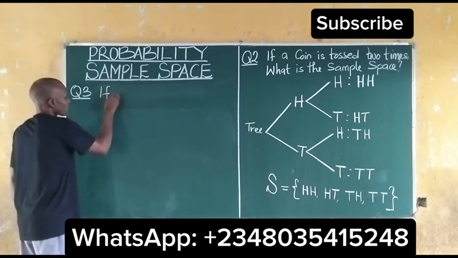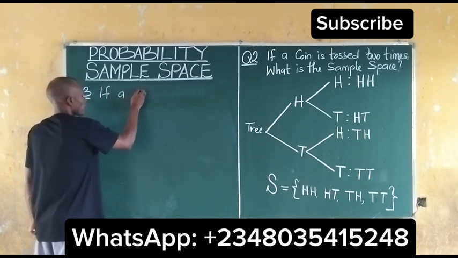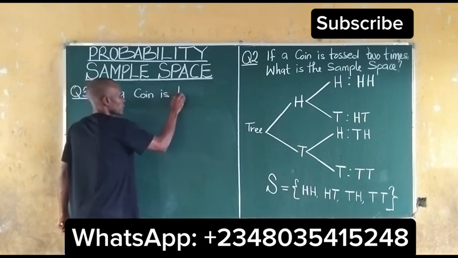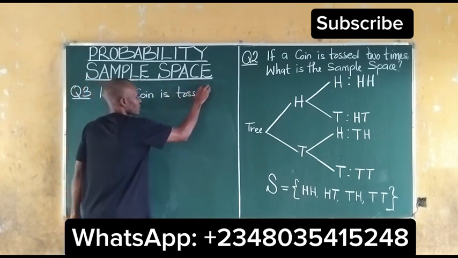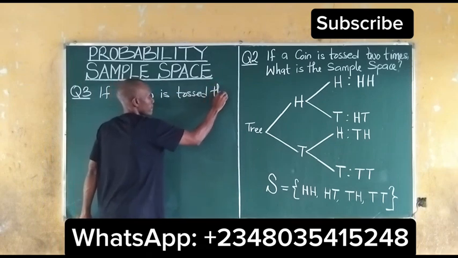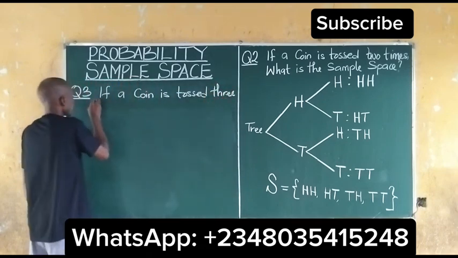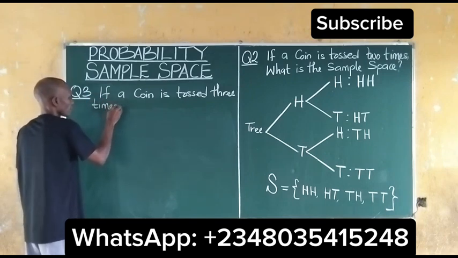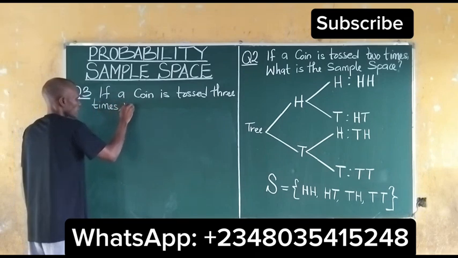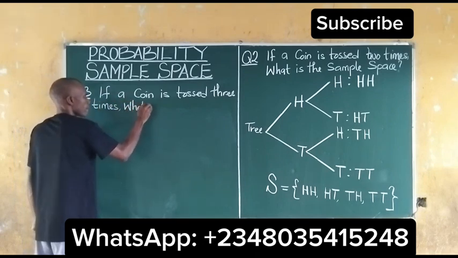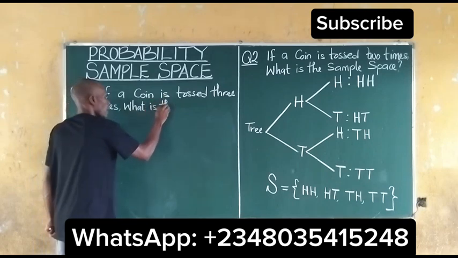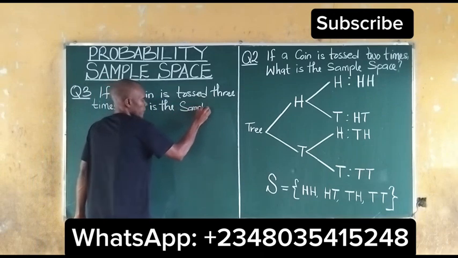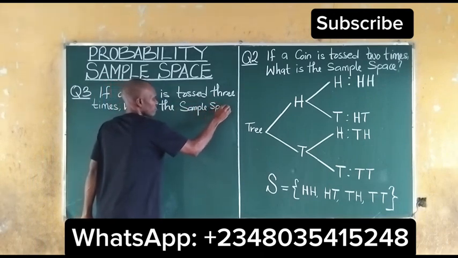If a coin is tossed three times, what is the sample space?